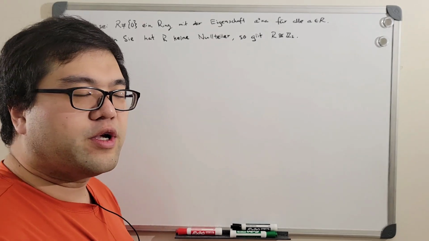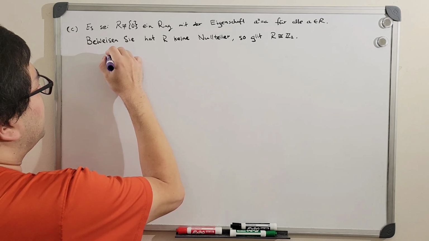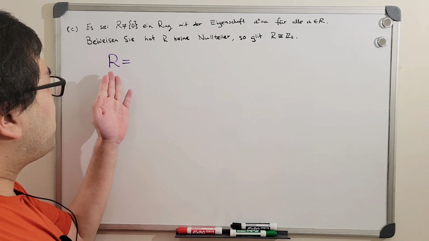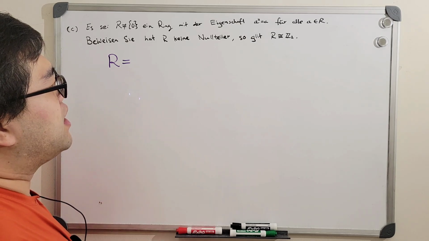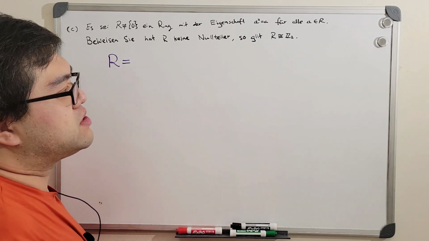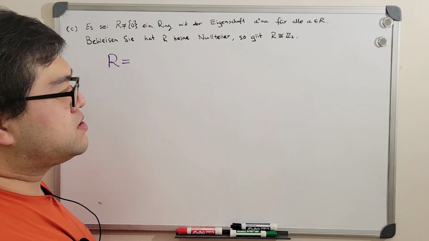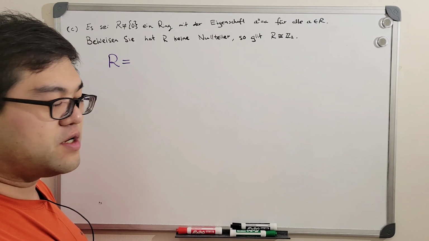So how does that work? Here's what we can do. First, we have already shown for the ring, from part A and part B, that all the elements are idempotents. In other words, the square of each element is equal to the element itself.